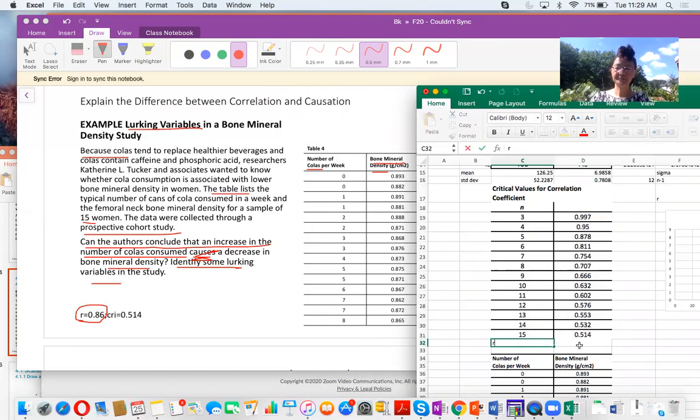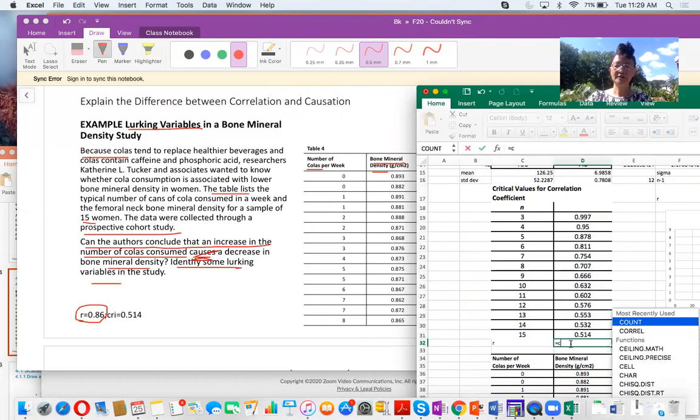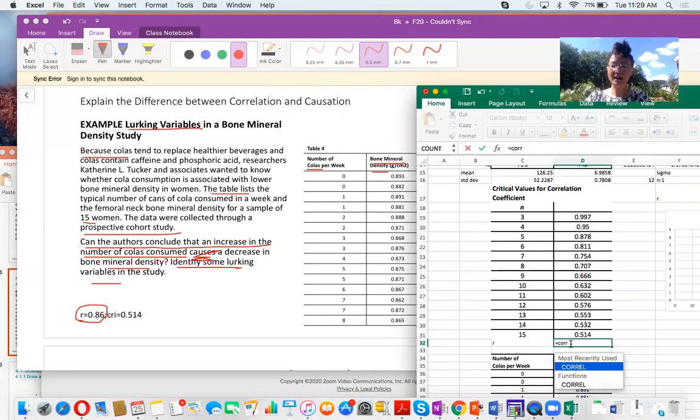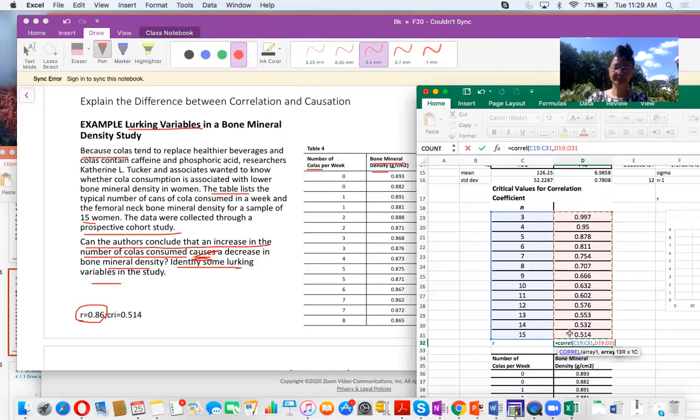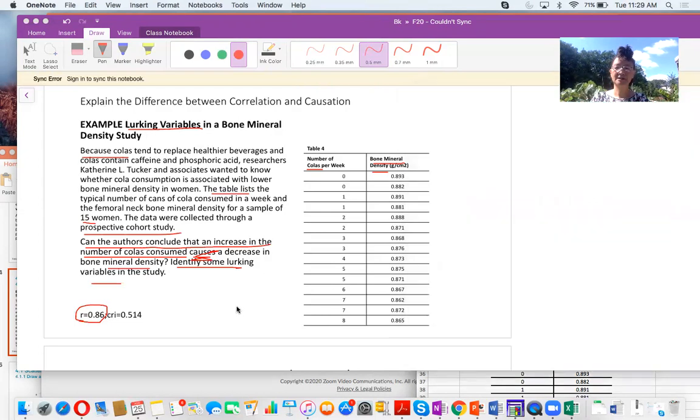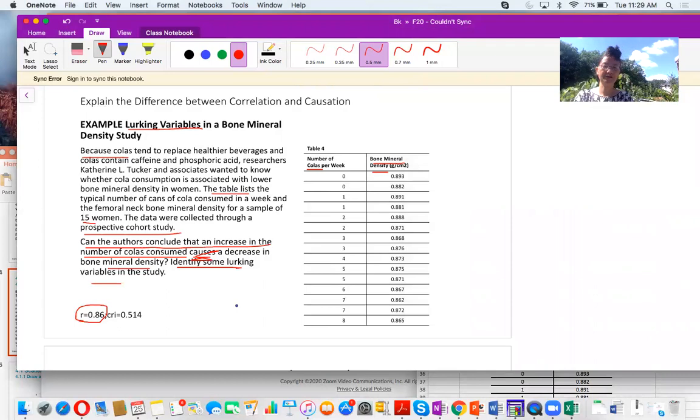What is R? You type in equals CORREL, then an opening bracket. This is X, and this is Y. And you get this number here. This is how you calculate the correlation coefficient using Excel.